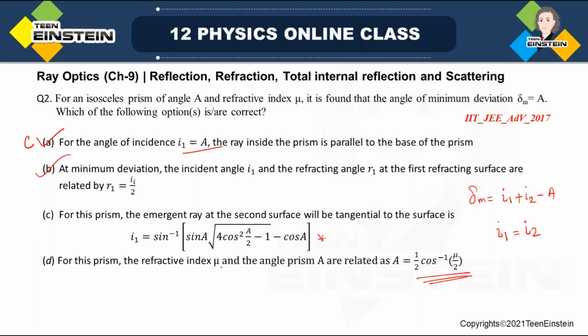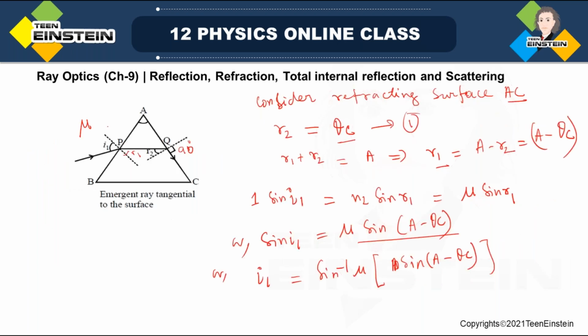So how is the refractive index of the prism related? Mu is equal to sine R1 by sine I1.